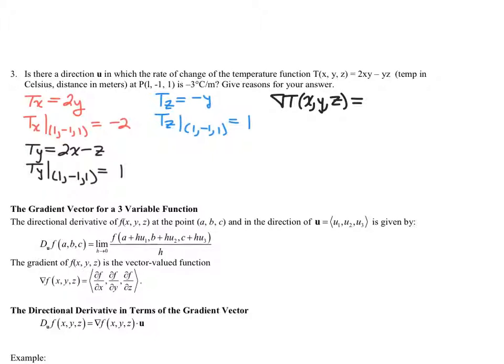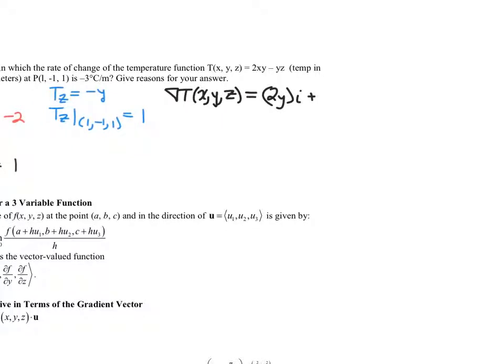So 2y i plus 2x minus z j and then minus y k.